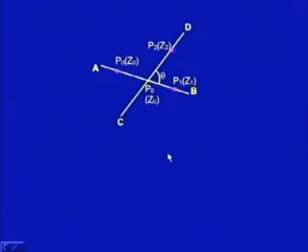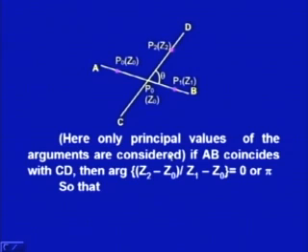So, from this diagram we can have the angles between the points. Here we have taken only the principal values of the arguments.